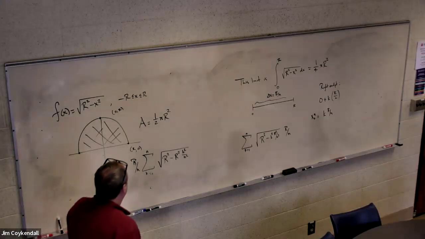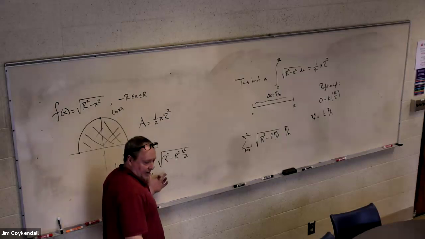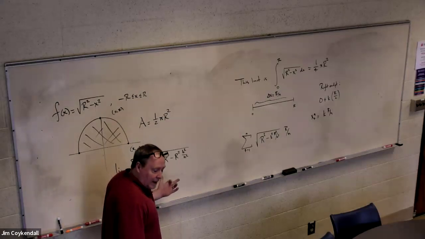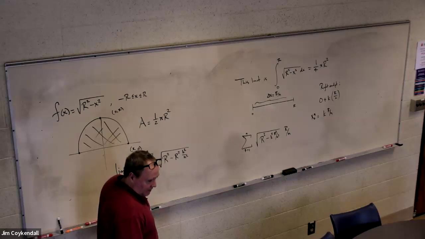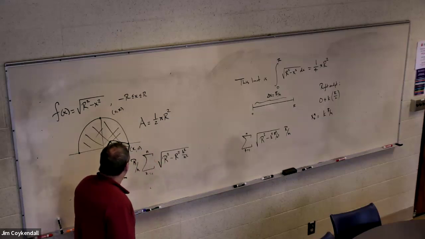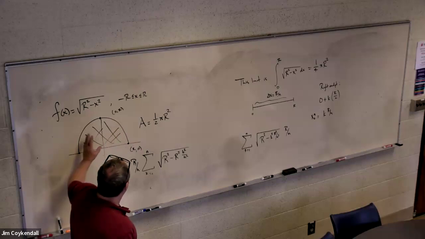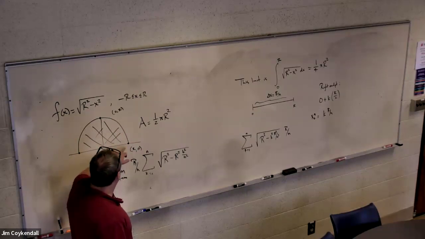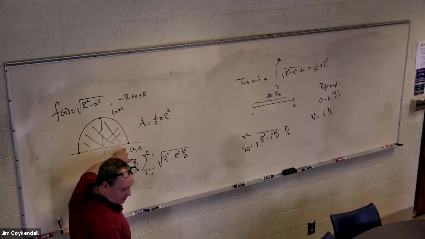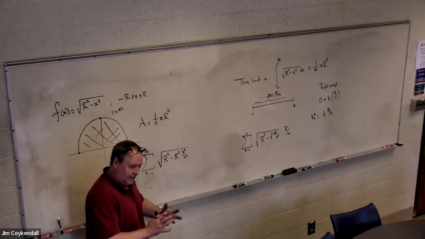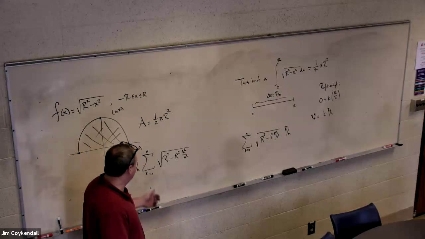Okay, so what we're looking for is this limit. I'm trying to realize this is an interval. Well, it's not going to be this whole area because the length of this interval is 2r. So I expect my delta x in that case to be 2r.